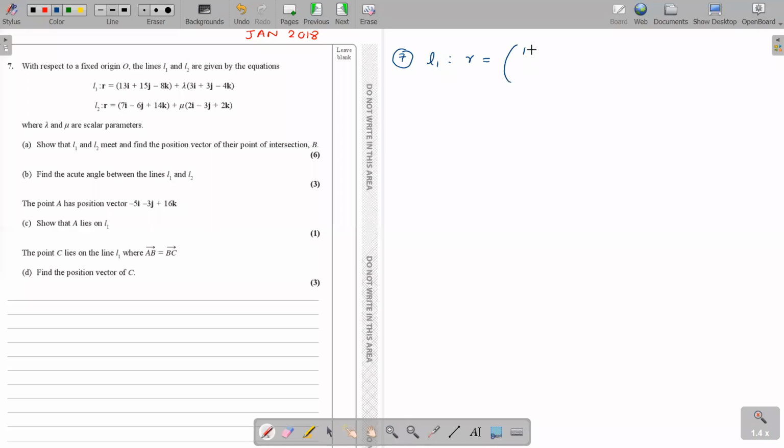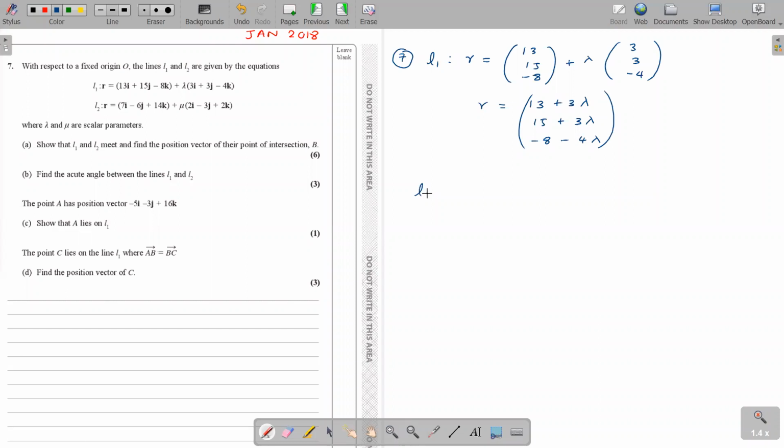So r is 13, 15, minus 8 plus lambda times 3, 3, minus 4. When you add everything together, it's 13 plus 3 lambda, 15 plus 3 lambda, minus 8 minus 4 lambda. Is that okay? These are the coordinates that lie on line 1.